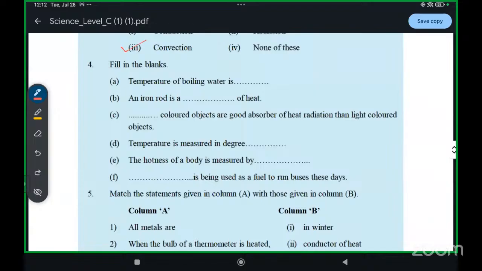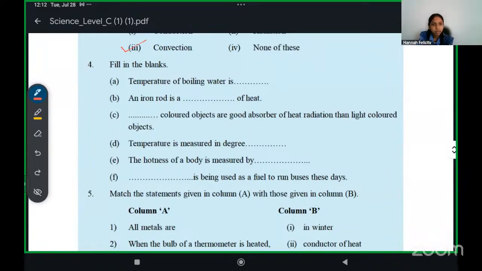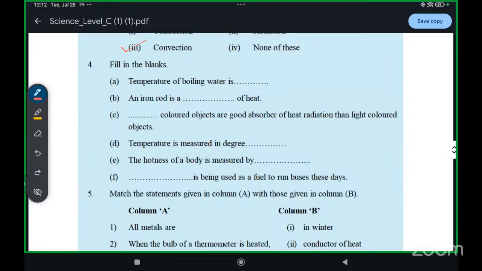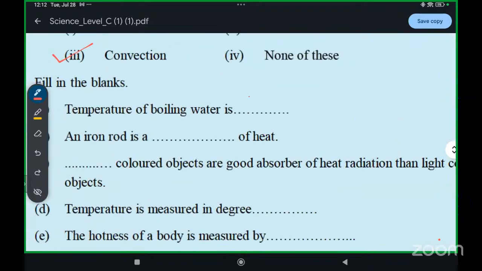Let me check this and tell you, because even I'm not sure. I'm thinking it to be 100 degrees. Ma'am, is the answer in Celsius or Fahrenheit? Yes, it is 100 degrees Celsius. 100 degrees Celsius is the answer for boiling water.